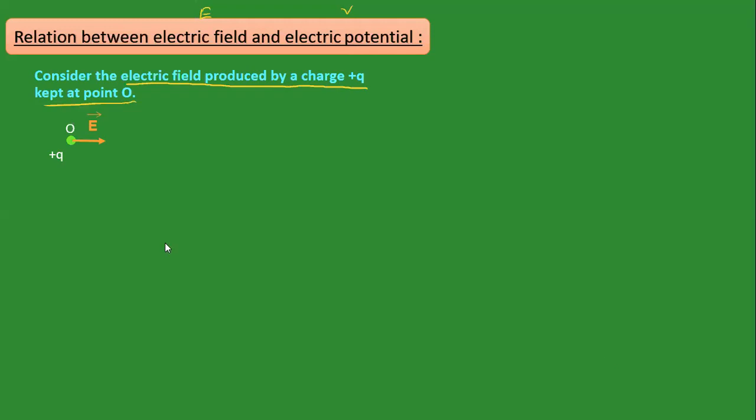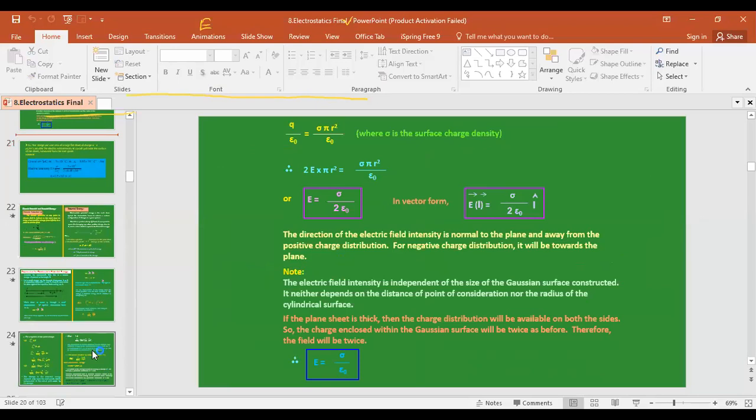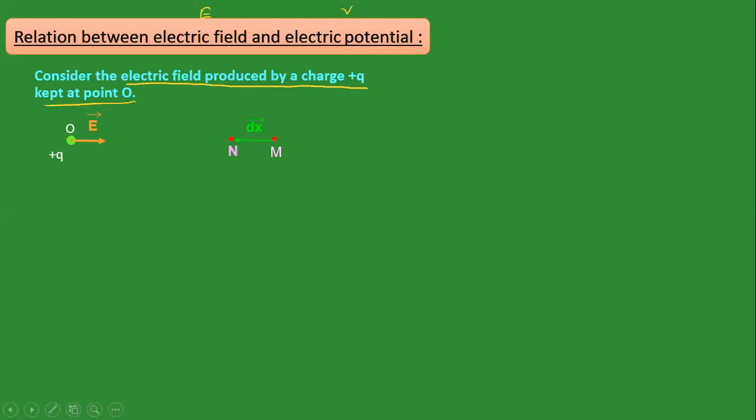Now we consider points M and N, which are separated by distance dx.